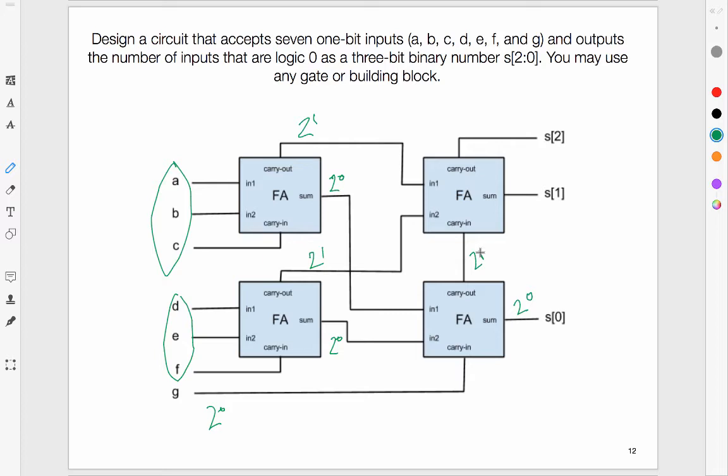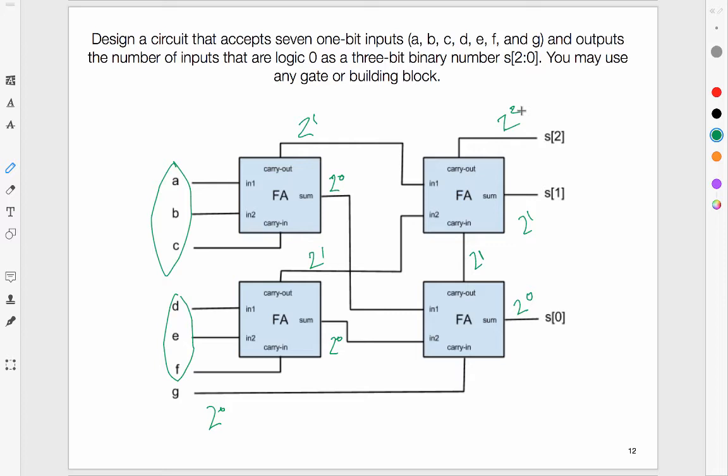I add them up, so I'll get bits with these weights. So 3 bits of output, which makes sense because I had 7 input bits, so my count can be anywhere from 0 through 7, which requires 3 bits. So straightforward to pull this thing off.